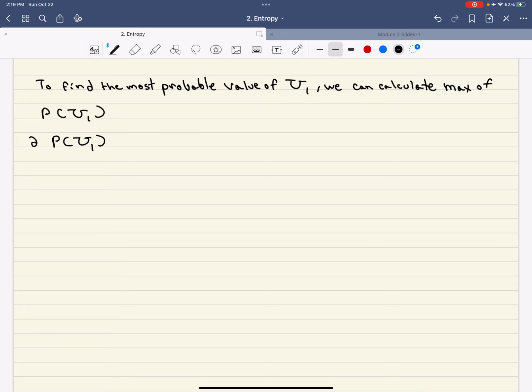All right, and so to calculate the energy U1 that maximizes the probability, we would just take the derivative of that probability with respect to U1. Okay? And we know that P of U1, we defined that the probability can be described by this expression: omega 1 omega 2 divided by omega t for all of the U1s.